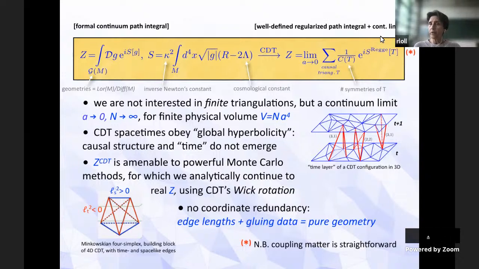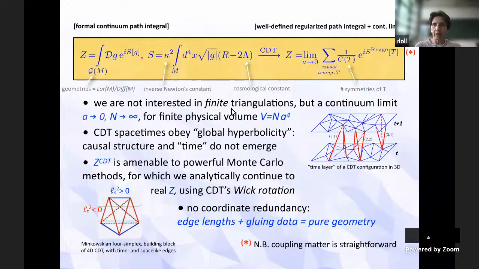And each of these regularized spacetimes is again weighted with a phase factor, where here now we have what I call the Regge action. That is just this object translated, following a prescription of Regge's, to what it would be on a piecewise flat space. So that's what this is. And of course, this is the regularized object. And then I have to send a to 0, my lattice spacing. So we're not interested in finite triangulations.